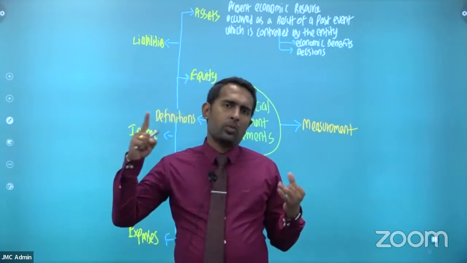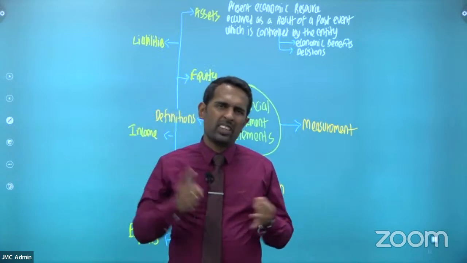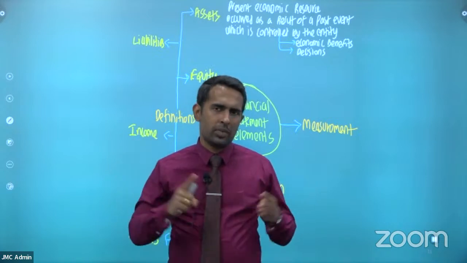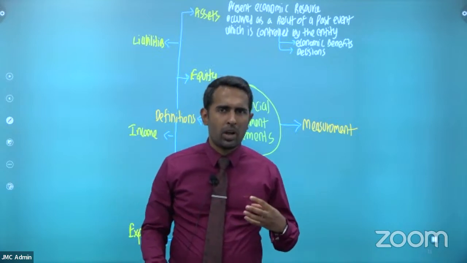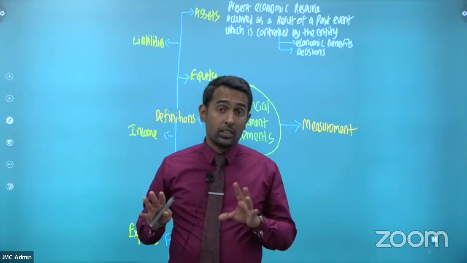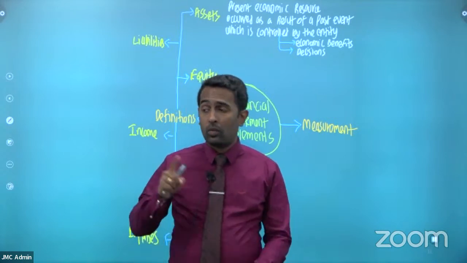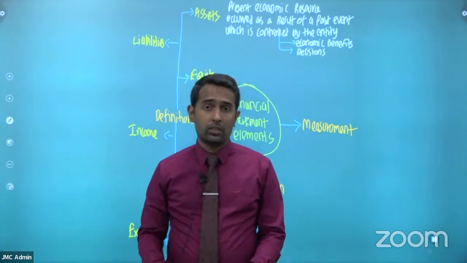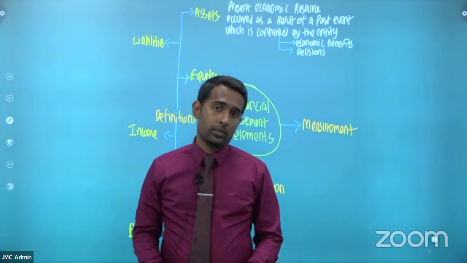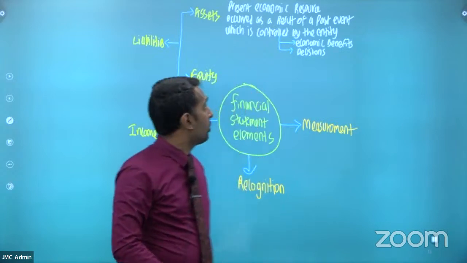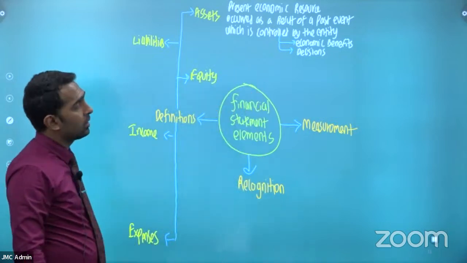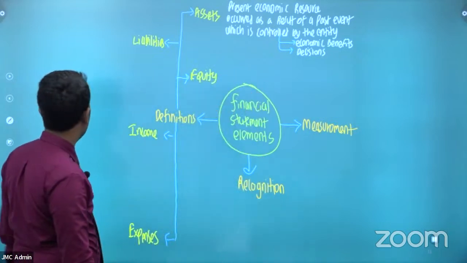You decide where to pump fuel, where to get the service done, where to do the repairs and maintenance, where to park. Nobody else is taking the decisions. If you can take decisions and you can avoid other people taking the decisions, we say you are controlling the asset, right? So in order to be an asset, these definitions shall be met, right?